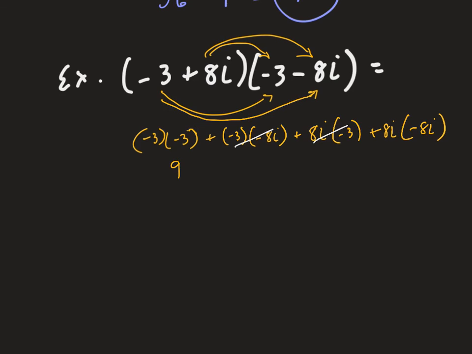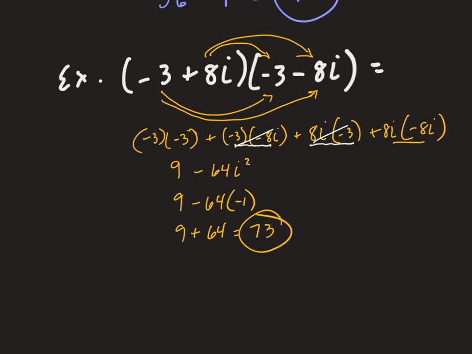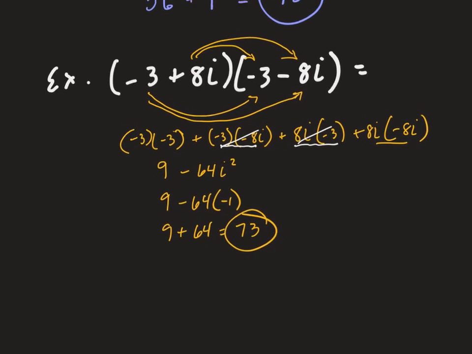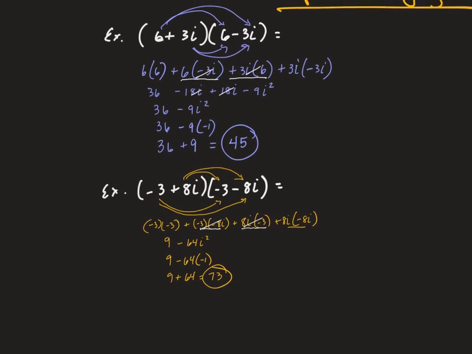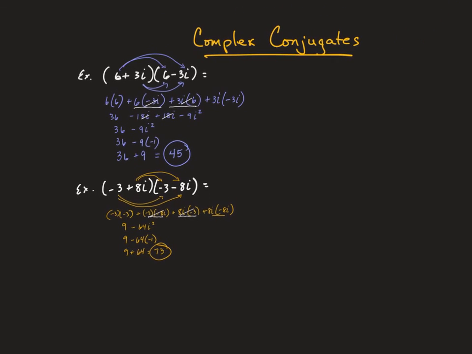We don't need to multiply those, but you can see that I have a positive 24i and a negative 24i, so those become 0. And then this term right here is going to become minus 64i squared, which is 9 minus 64 times negative 1, which is 9 plus 64, which is 73. Hope I did that right, but again, multiplying by a complex conjugate is going to give you a real number solution in the end.